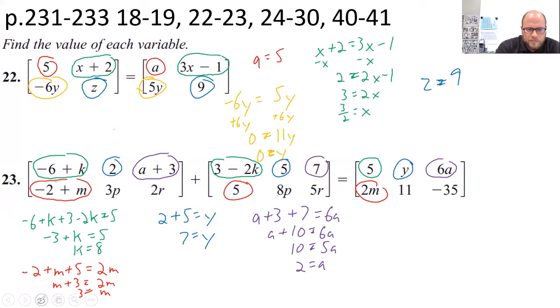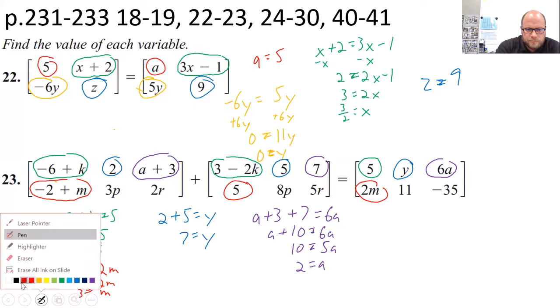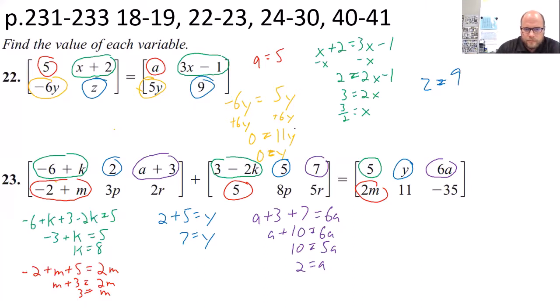On the next one, we got 3p, we got 8p, and we got 11. 3p plus 8p equals 11. 3p and 8p is 11p. Divide by 11, and p equals 1.